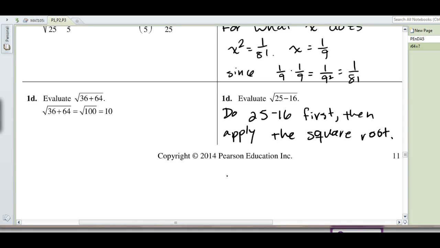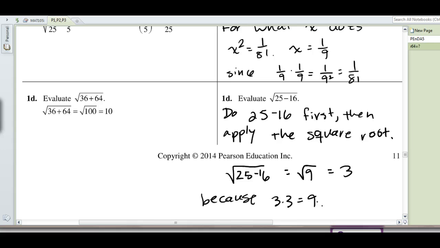So we have the square root of 25 minus 16, which is equal to the square root of 9, which equals 3, because 3 times 3 equals 9. So anytime you have things you can simplify underneath the square root symbol, it's always a good idea to do those first.